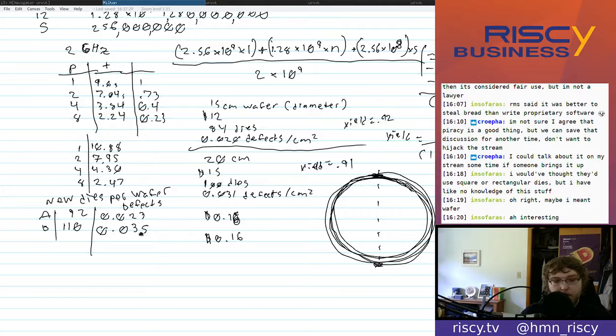So I'm just going to say 0.035 for defects. Yeah, that's the precision we want, because they gave it in 0.020. So they gave us 3 decimal places, so we should only give 3 decimal places, right?